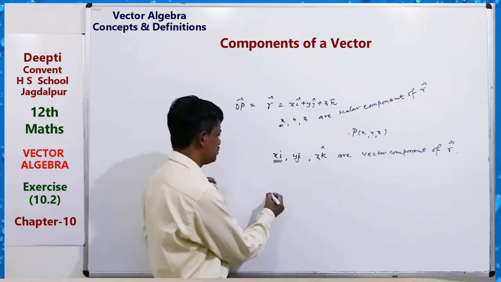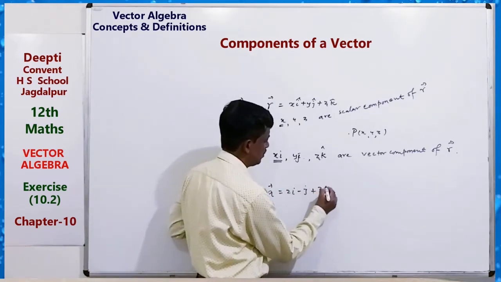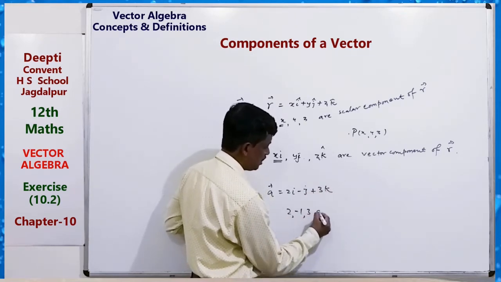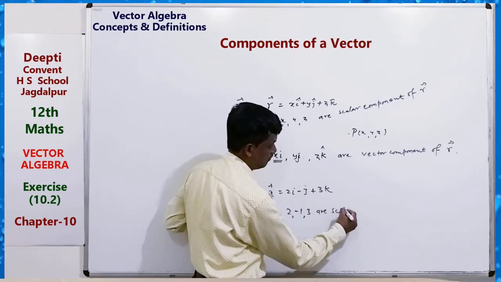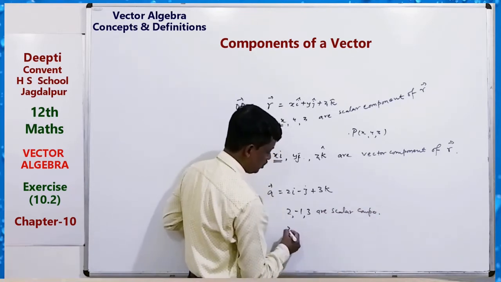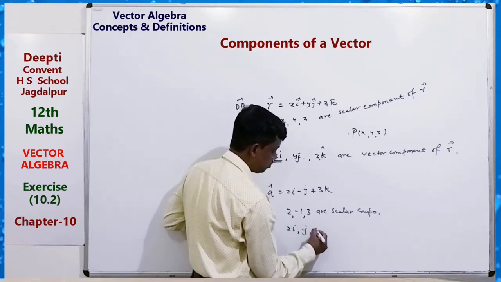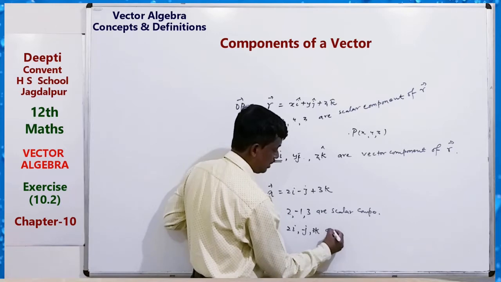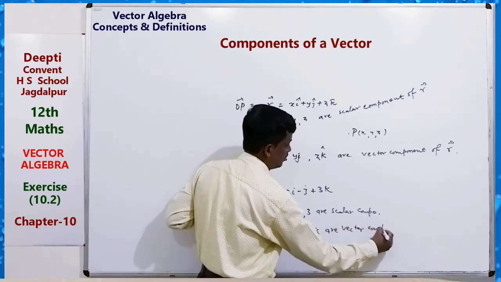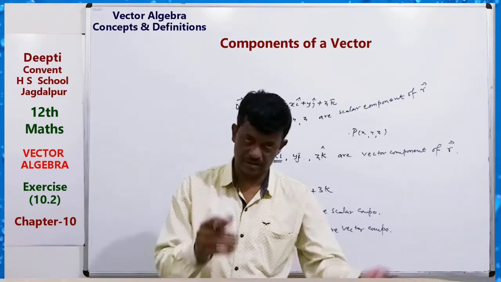For example, suppose we are given a vector a equals 2i minus j plus 3k. So 2, minus 1, 3 are scalar components, and 2i, minus j, 3k are vector components. Means every vector has a scalar component and a vector component.